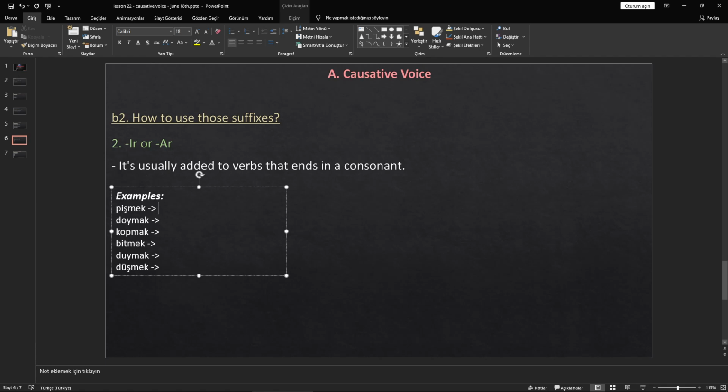So, all of these examples have consonants, so it will always be ir or ar. So it's kind of pointless to ask you what it will be. But still, I will let you conjugate them. You can still type your answers. How will you insert ir in this pişmek?